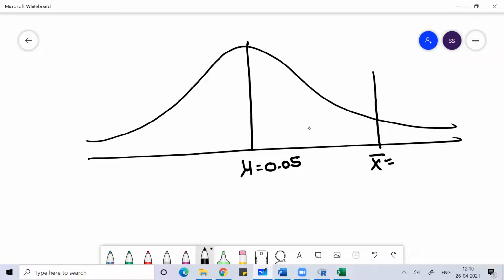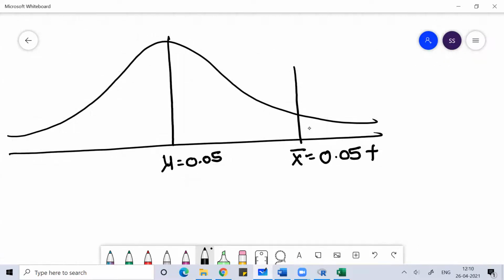Your sample proportion should lie between this. This value will be 0.05 plus 2.06 into the square root of PH naught into QH naught by n.